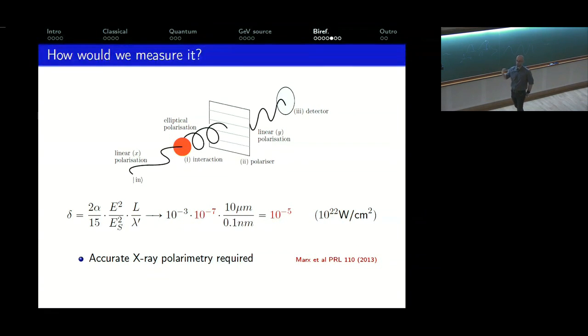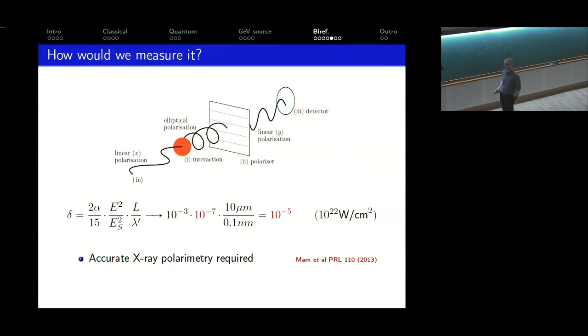To get the best signal, you also want that guy to have linear polarization. The X-ray beam will emerge from the interaction with a very, very small ellipticity. Pass this through a polarizer, and you measure the ellipticity of the beam just by counting the number of photons which manage to get through the polarizer.